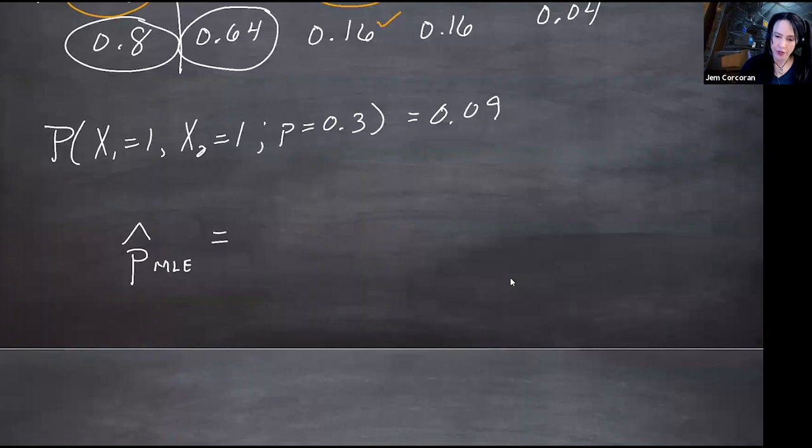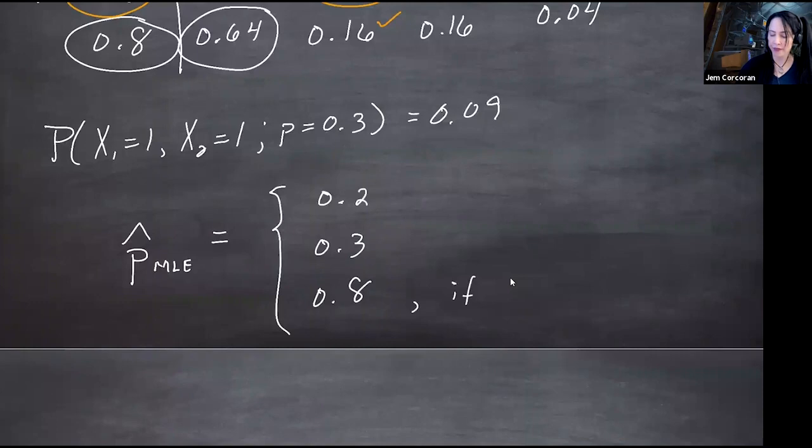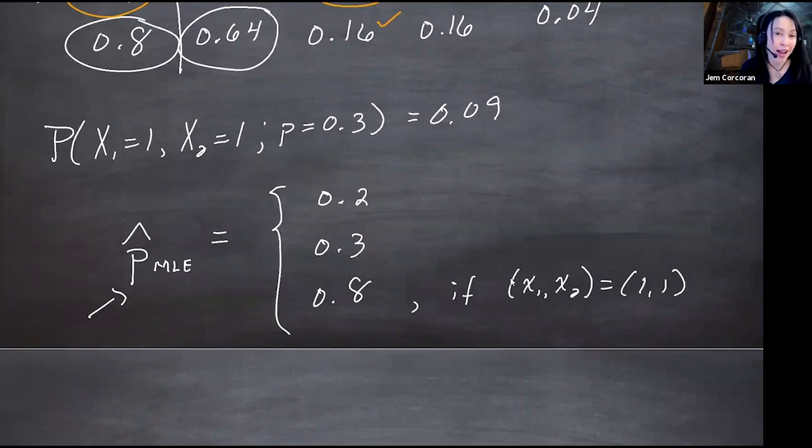This is going to be 0.2 or 0.3 or 0.8. And it's going to be 0.8 if the x1 and x2 are equal to 1 and 1. Actually, if I want this to be an estimator as opposed to an estimate, I do want it to be a random variable.